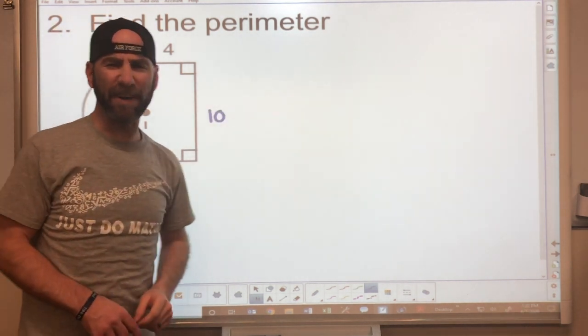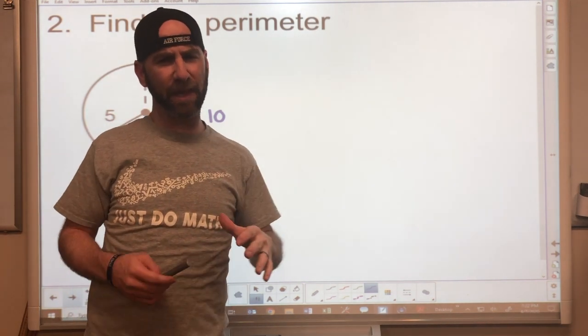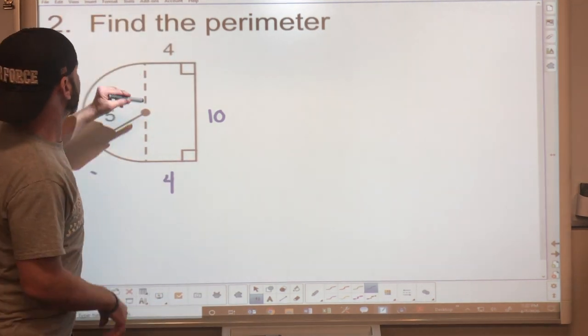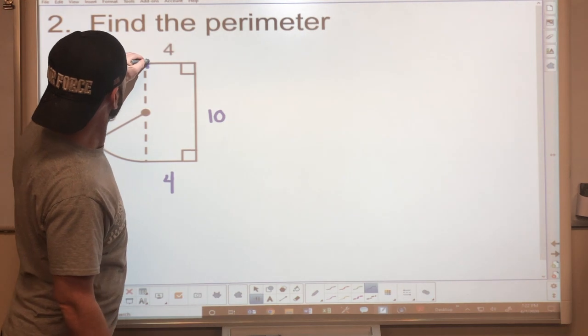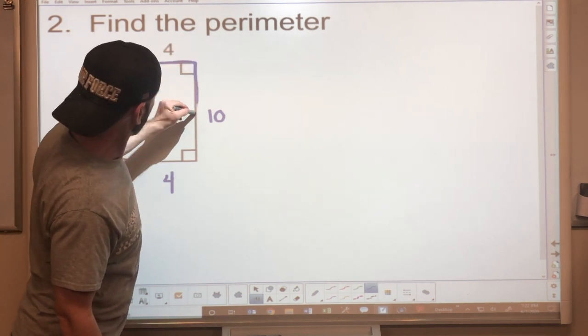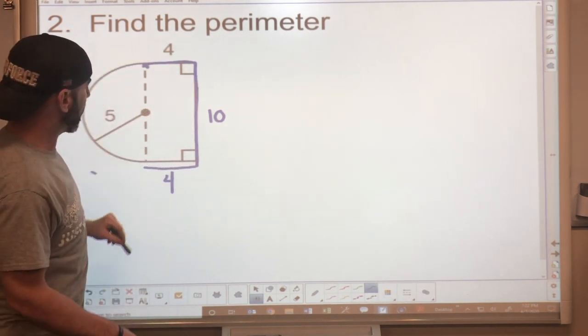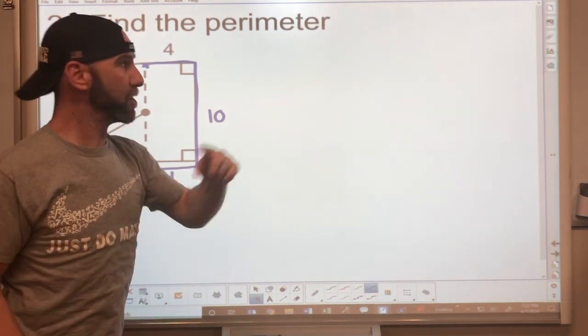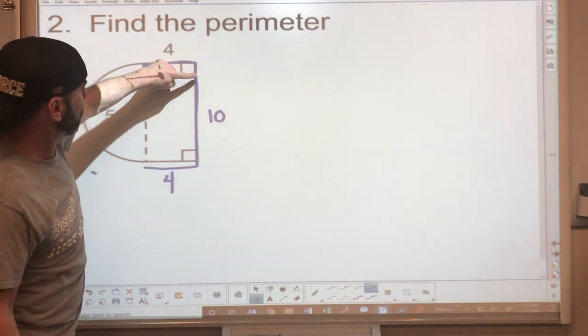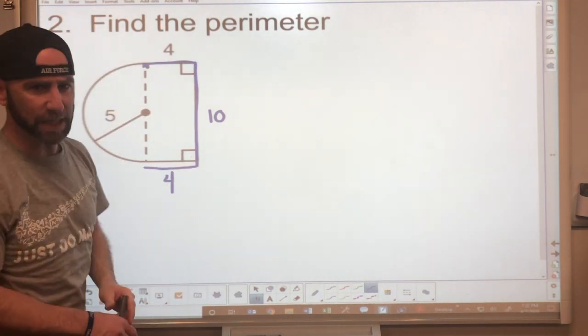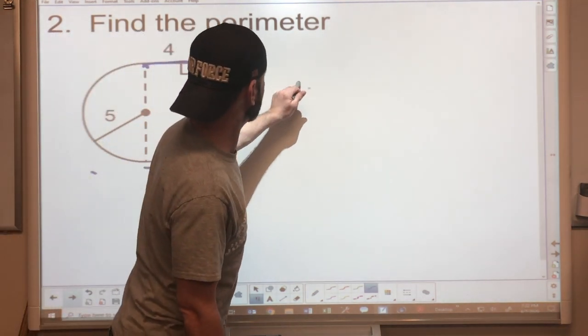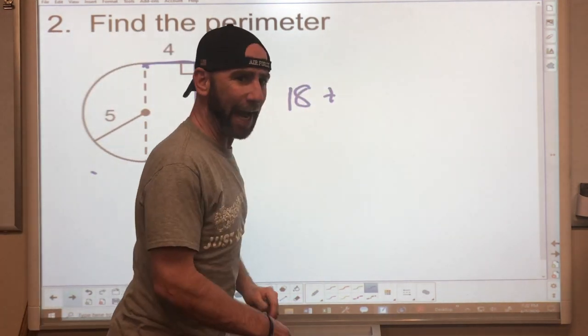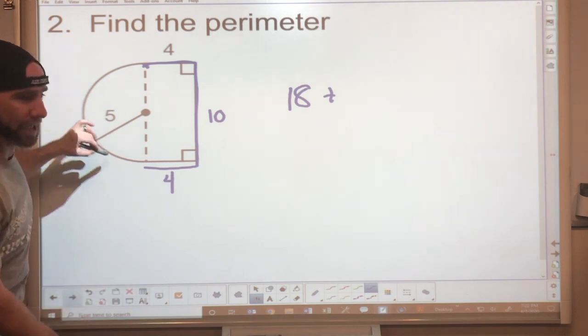I know that I'm going fast, so again, pause, think it through. Okay, so from here all the way to there is going to be 18 units. So 4 plus 10 plus 4 is going to be 18 units. But we have to add this semicircle.